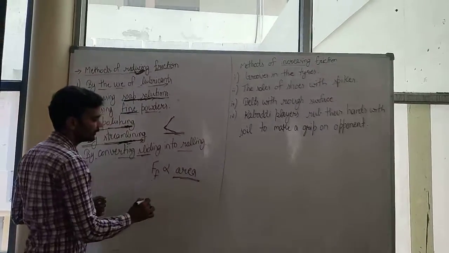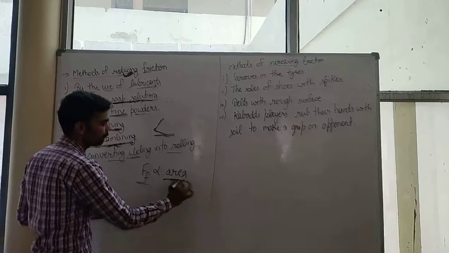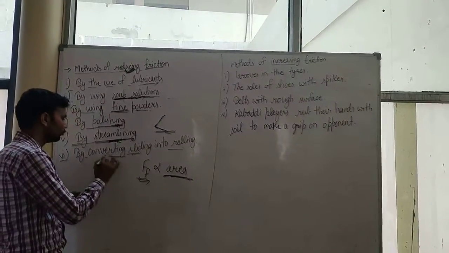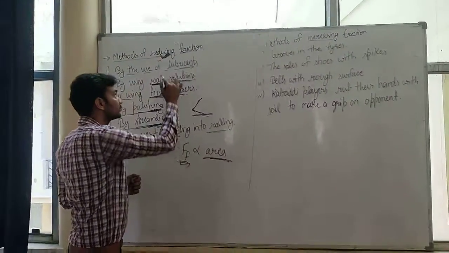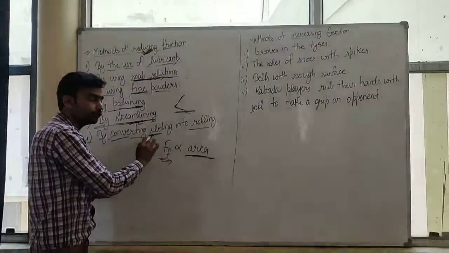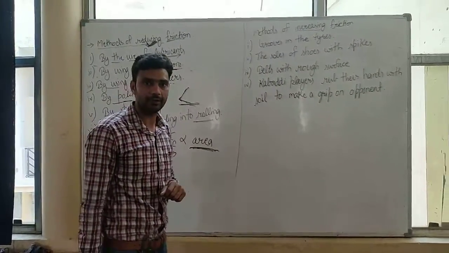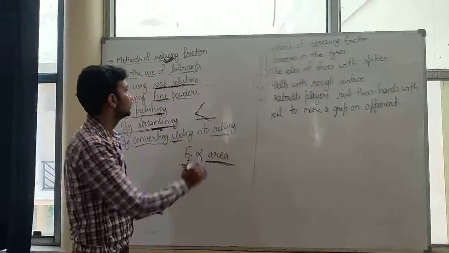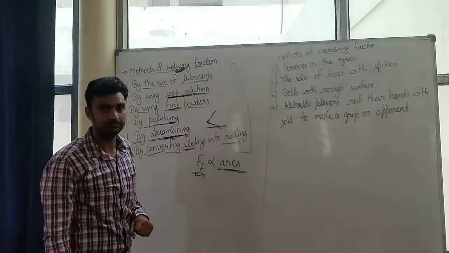If the area is more, then the frictional force will be higher. If the area is less, then the frictional force will be less. So when we convert sliding into rolling, the frictional force will reduce. So these are the ways by which we can reduce friction.